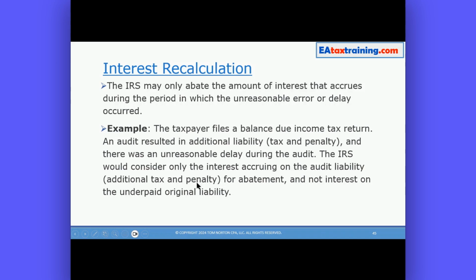Well, the IRS is only going to consider the interest that accrued on the audit liability, the additional tax and penalty, for abatement, not interest on the underpaid original liability. So you filed a tax return, had an amount due. The amount that was due when you filed the return, you're still going to pay interest on that. In this example, the only interest you're not going to pay is the amount on the extra that they said you owed after they did their audit.